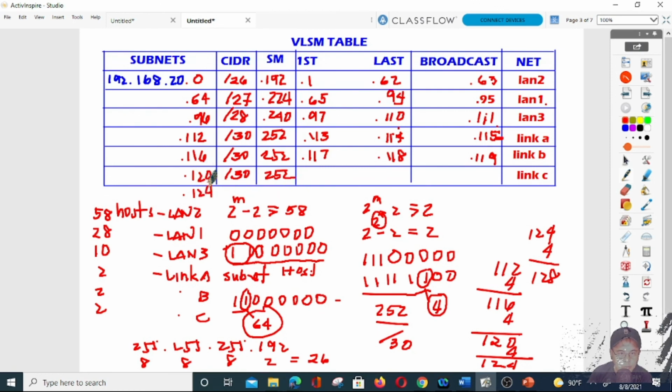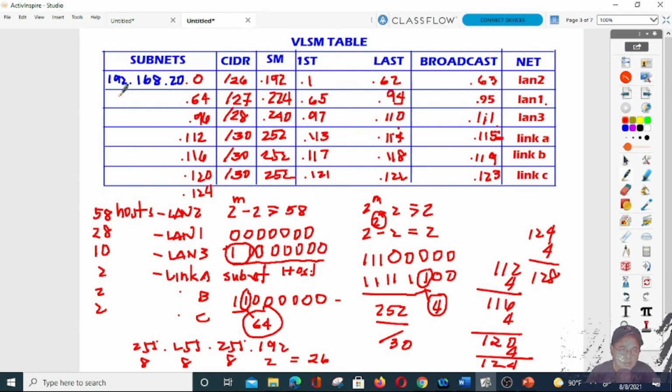So our range from 120 to 124 will have the host range 121, 122, and then the last will be 123, the broadcast address. Okay, so these are the complete VLSM table. So we satisfied all the requirements.